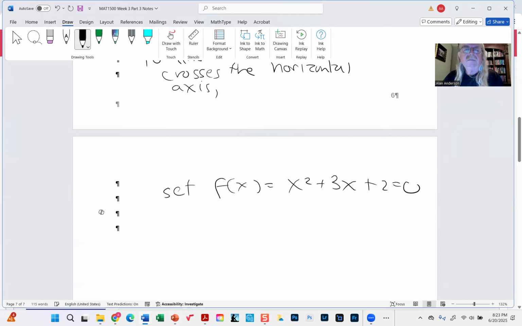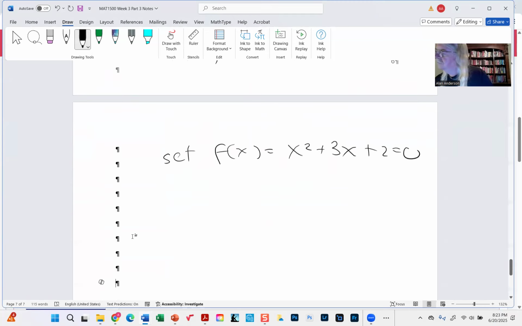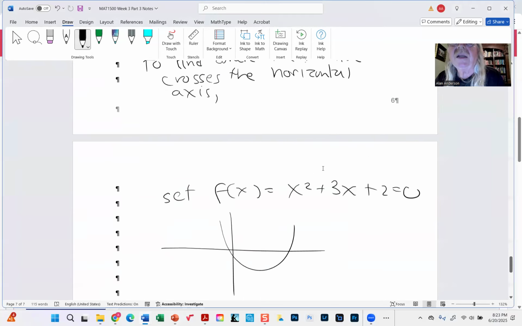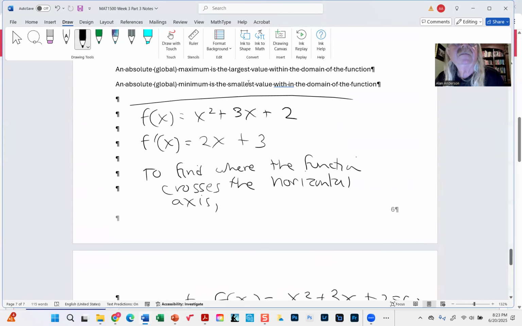Okay, so we know that this is a parabola that faces up. Actually, we may as well go ahead and draw it in Symbolab. Oh, I just realized it's minus 3x. Okay, all right, let me fix that.